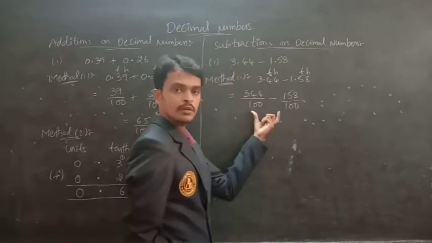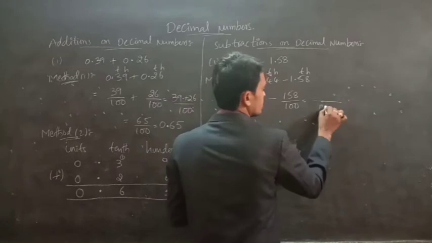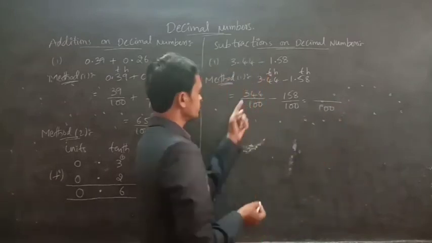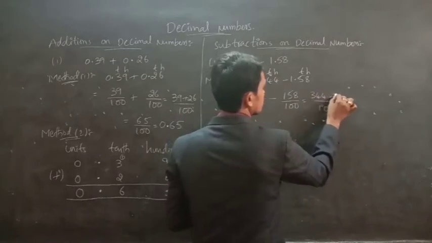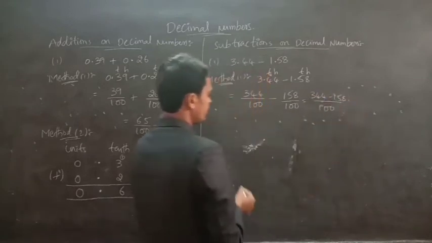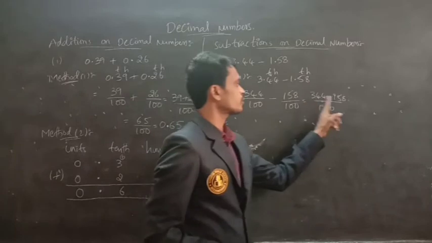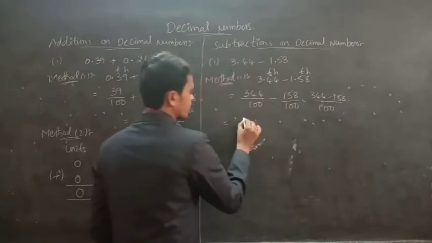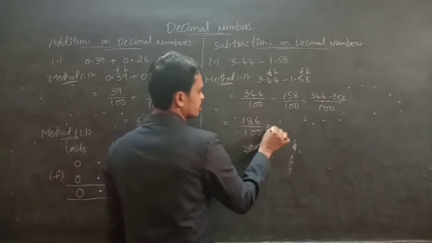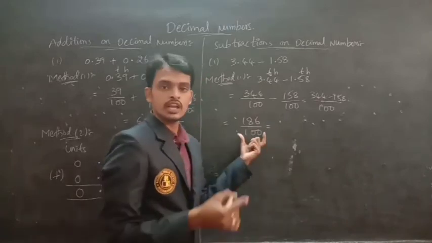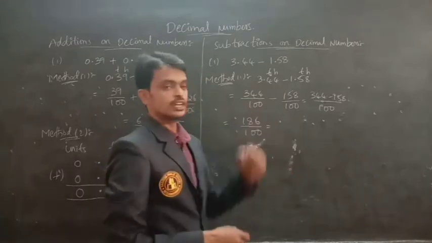Now the denominators are the same, 100. Let us subtract the numerators: 344 minus 158 gives 186 by 100. Now this fractional number we again convert into a decimal number.